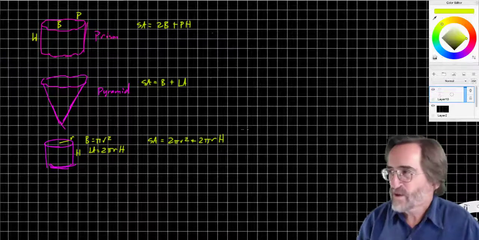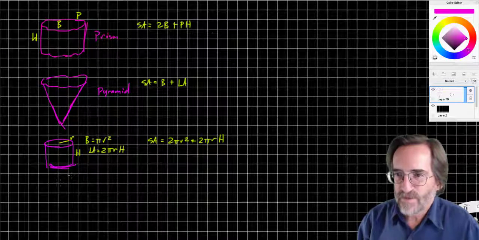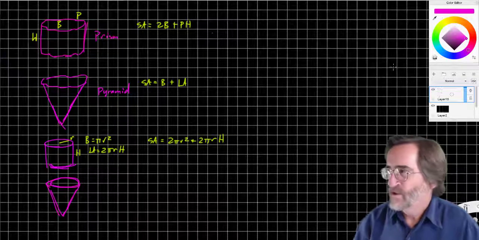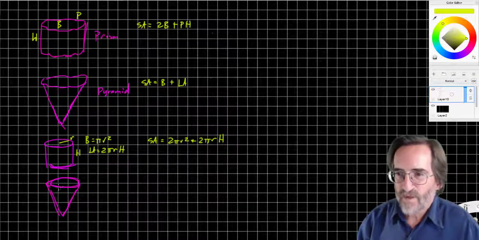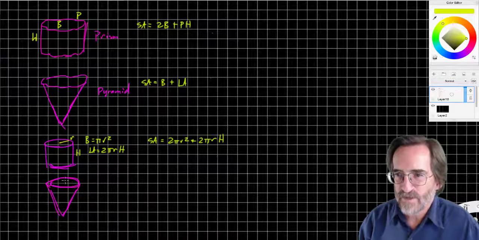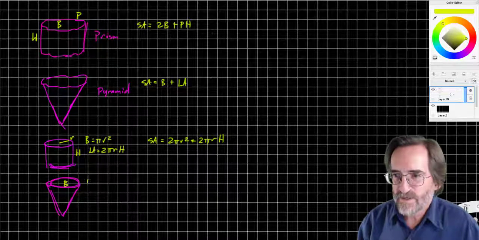For a cone, it's similar to a cylinder, or for a pyramid. It's going to come to a point instead of having 2 bases. It's just one base. So the base is pi r squared.